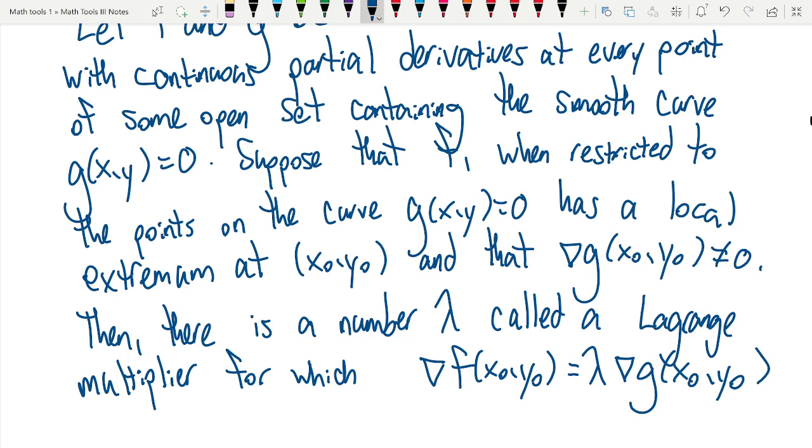Okay, so lambda here is just going to be a scalar.